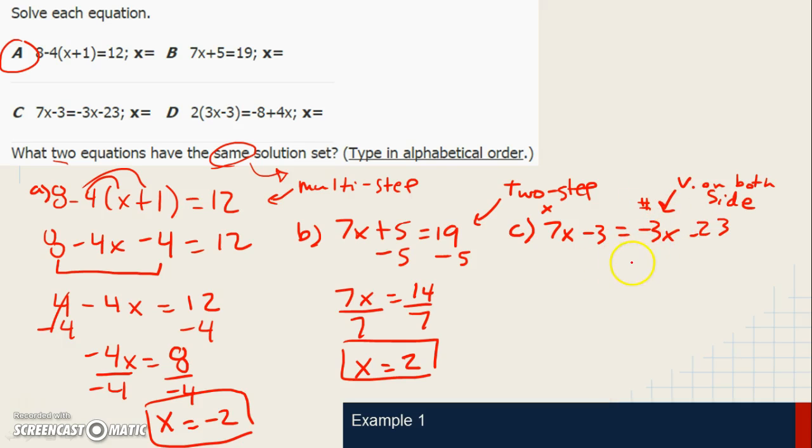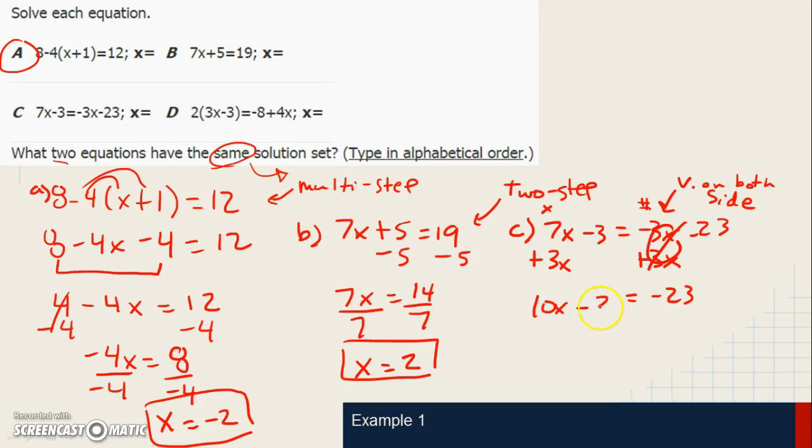Eliminate the x variable by using inverse operations. So we're going to add 3x. Negative 3x plus 3x is 0x, and 0 times x is 0. So we're just left with negative 23 here. And now here we can combine our x terms. 7x plus 3x is 10x.